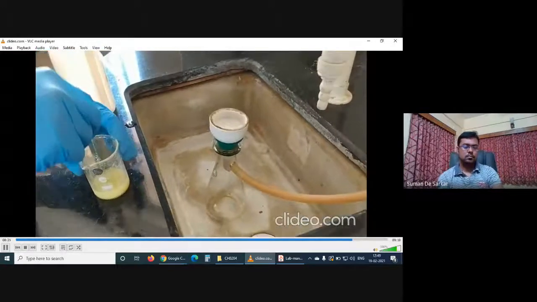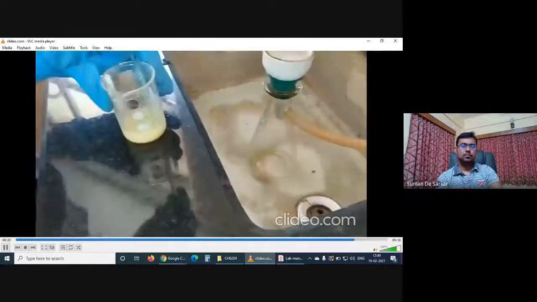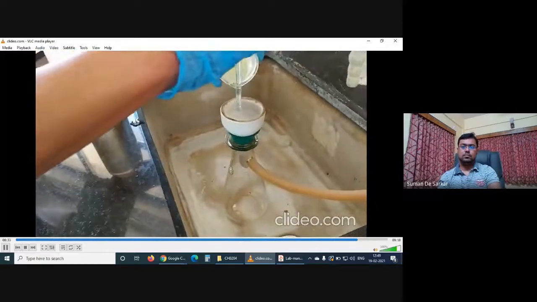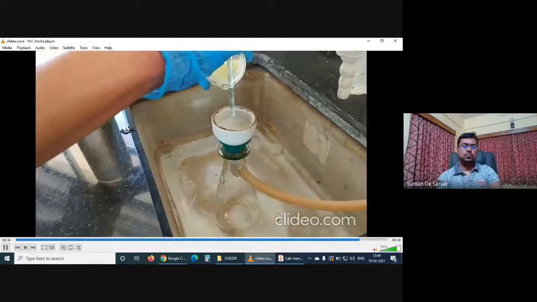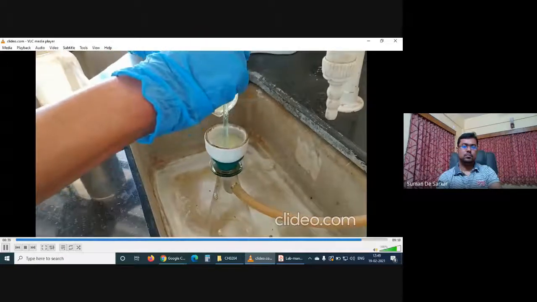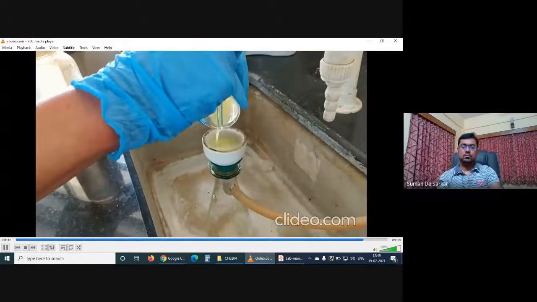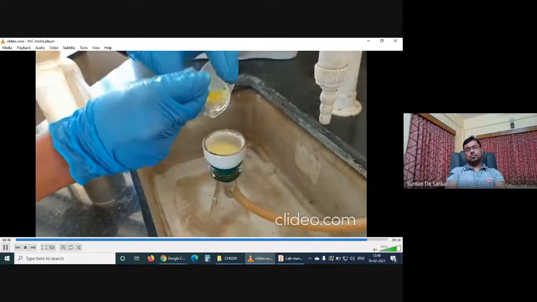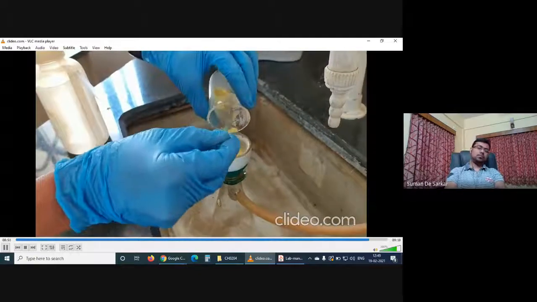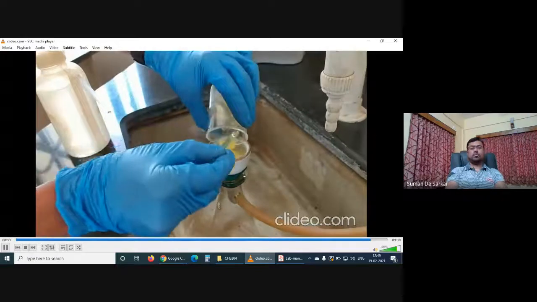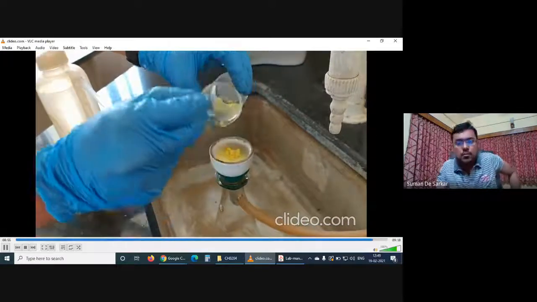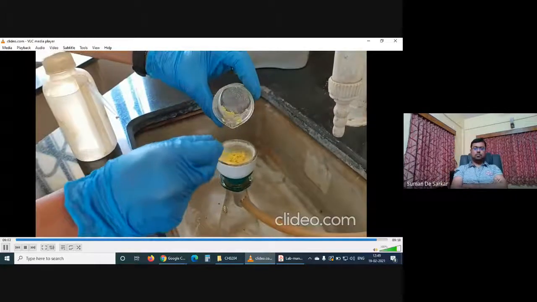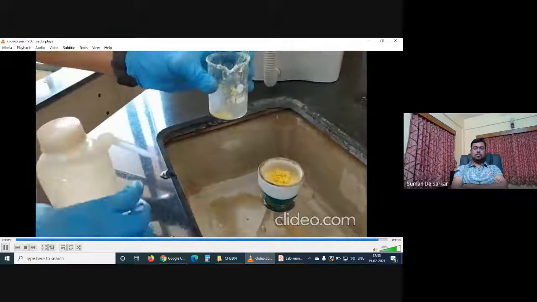We have set up the Buchner funnel and we have the precipitate of the compound in cold water, the yellow color precipitate, that is the compound we got from the microwave assisted Knoevenagel reaction. So we will wash this with cold water.